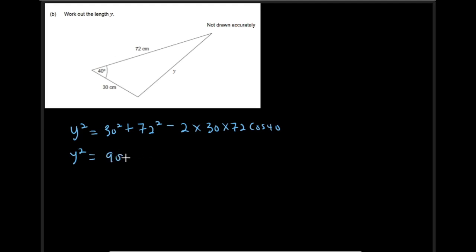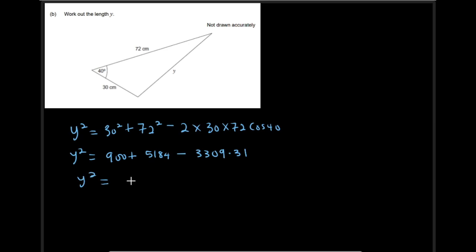So we have 900 plus 72 squared being 5184 minus 2 times 30, okay, times 72 times cos 40. That will give us 3309.31.